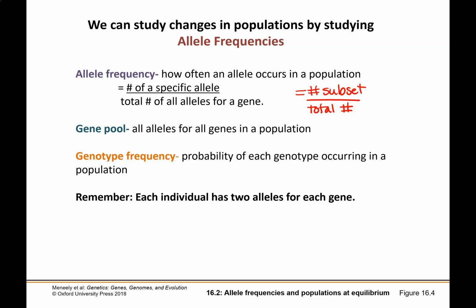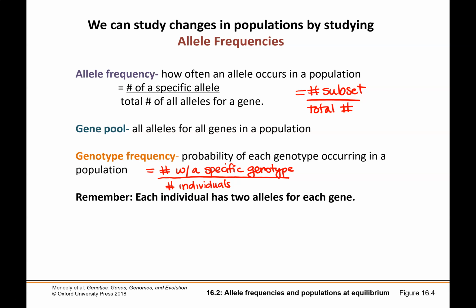So if we're looking at an allele frequency, it's going to be the number of a specific allele occurring, such as the blue or the yellow in the previous slide, divided by the total number of alleles for a gene. If we are looking at a genotype frequency, it would be the number of individuals with a specific genotype divided by the total number of individuals.